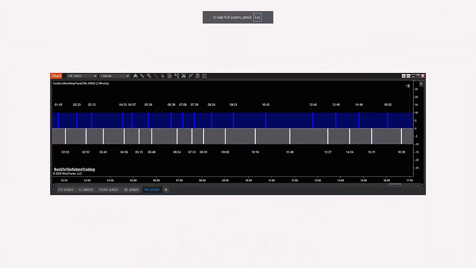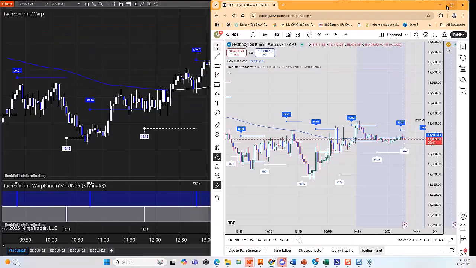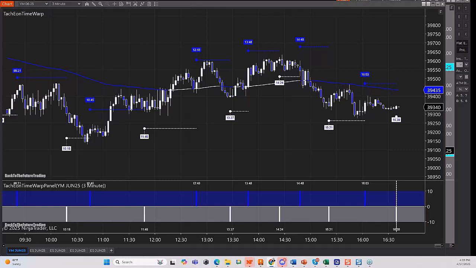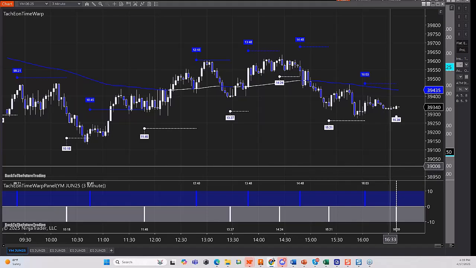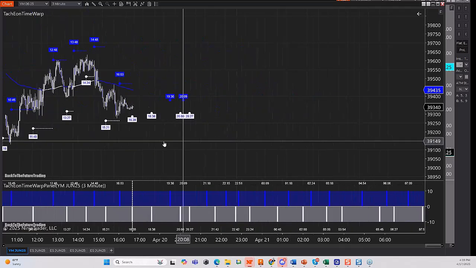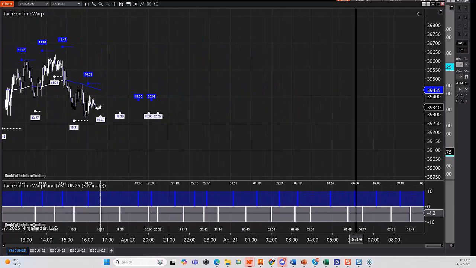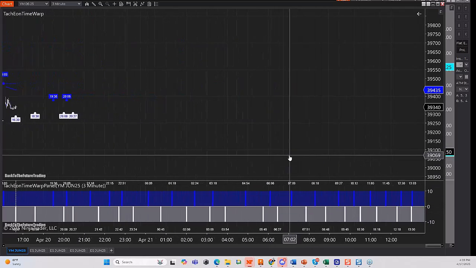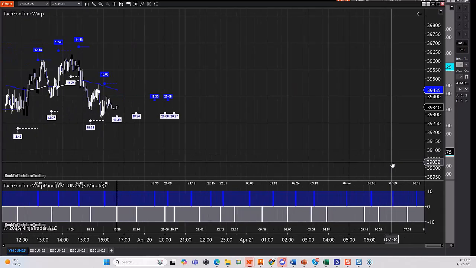Here are the times. Compare them, pause the video, and compare them to what's on my chart right now. Where did the market go up or down? What's likely to happen in the future? There's tomorrow waiting for us. Any questions about this?